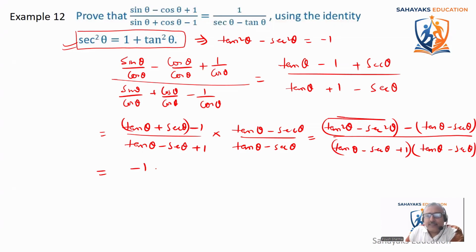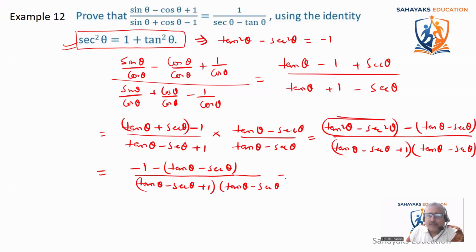So it becomes minus 1 minus tan theta minus sec theta, divided by tan theta minus sec theta plus 1, multiplied by tan theta minus sec theta.